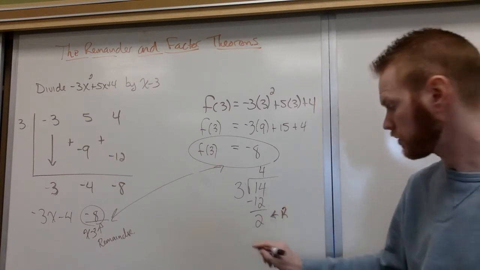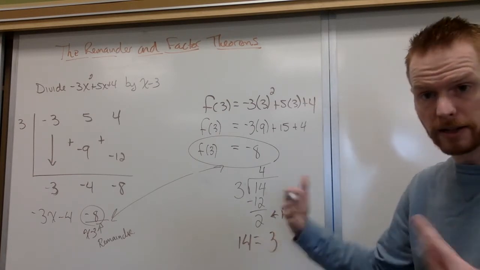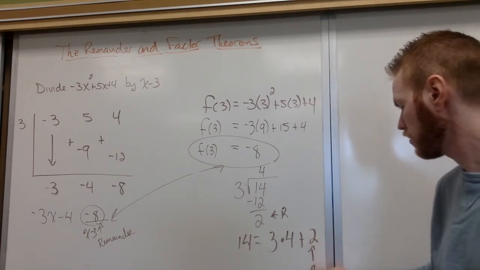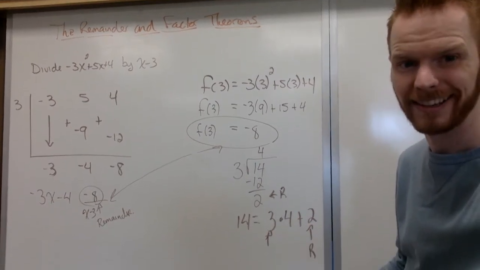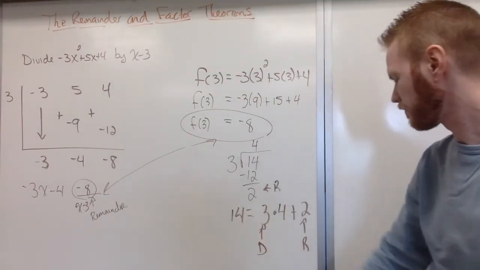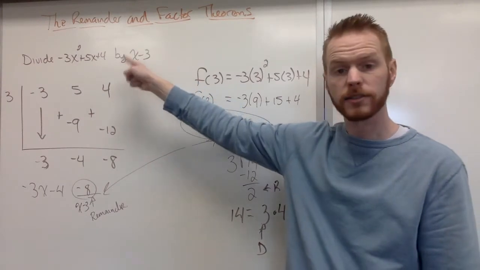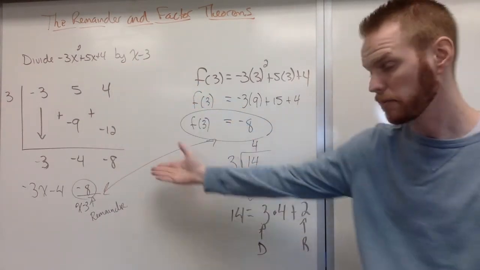I could rewrite this. That 14 is equal to what I divide by, the divisor, times 4 plus my remainder. So here's my remainder. Here's what I'm dividing by. I could do the same thing with a polynomial. This one right here is equal to this times this, plus my remainder here.